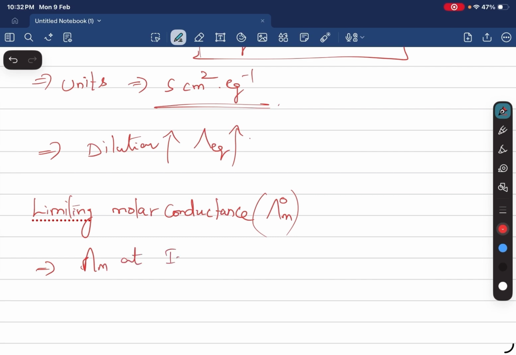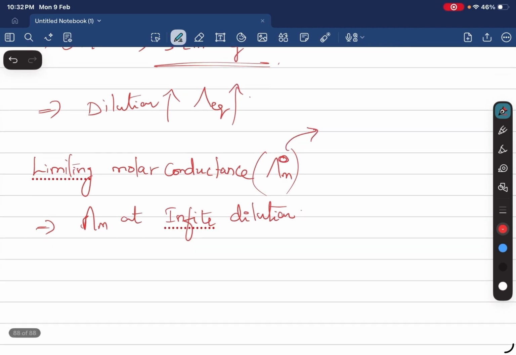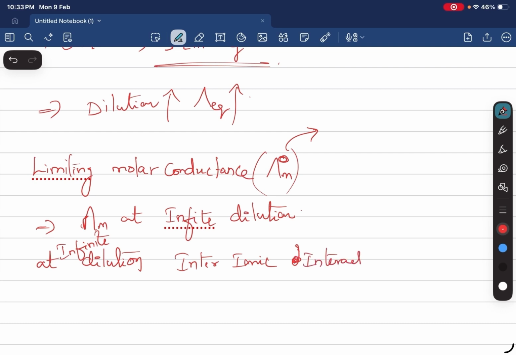At infinite dilution, if you put a lot of water, the concentration is negligible, so it is written as naught in superscript. So at infinite dilution, what happens? Interionic interactions become negligible. If interactions decrease, the mobility will increase.